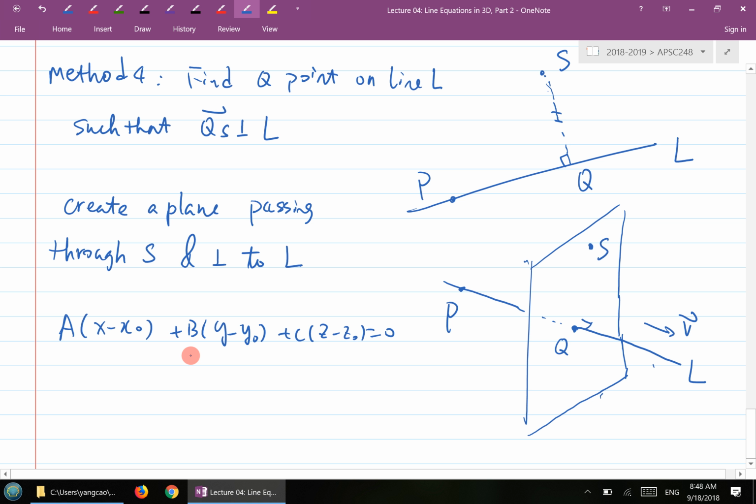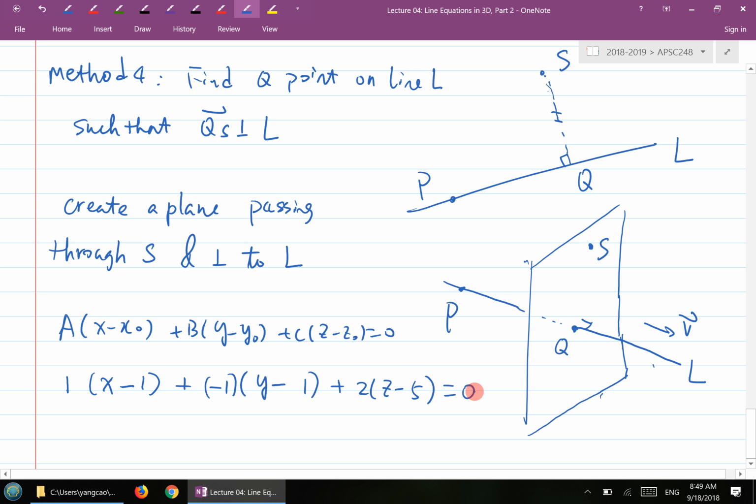V here happens to be (1, -1, 2). So x minus 1, and B is -1, y minus 1, and C is 2, and z minus 5.